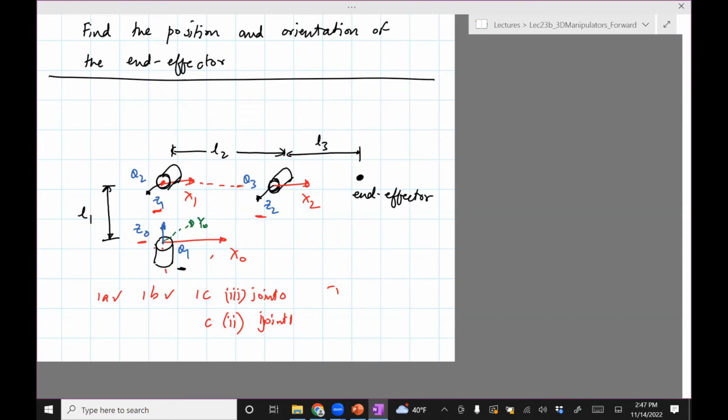Okay, so we are pretty much done with step C. Next, move to step D. So finally, we need to attach end effector, attach Zn to the same direction as Zn minus 1. So in this case, Zn is going to be, the next number after 2 is 3. So Z3 is going to be in the same direction as Zn minus 1, so Z2.